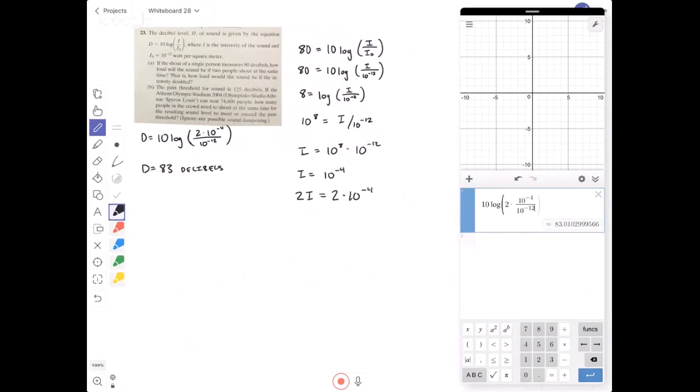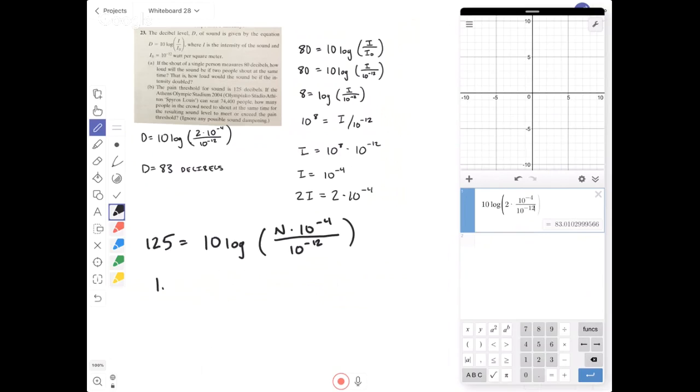We want to get to 125 decibels, the pain threshold, which equals 10 log of, I'm going to call the number of people shouting N, times 10 to the negative 4th, the intensity of 1 person shouting, over I naught, 10 to the negative 12th.